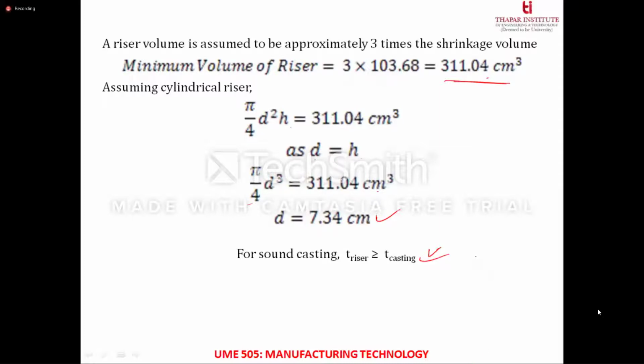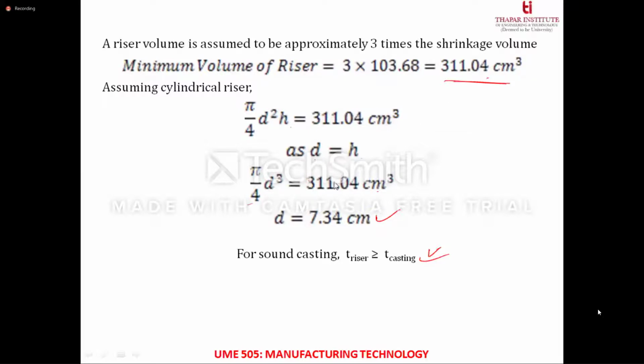So now what we are going to do is use the Chvorinov formula and the cooling characteristic to determine what will be the ideal diameter which will be able to hold that much volume of material which will compensate for casting shrinkage.